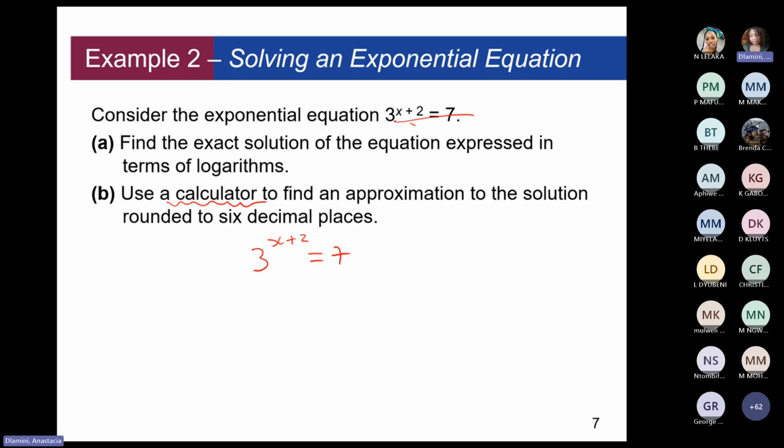Why are we using ln? Because in terms of ln, why are we using ln?